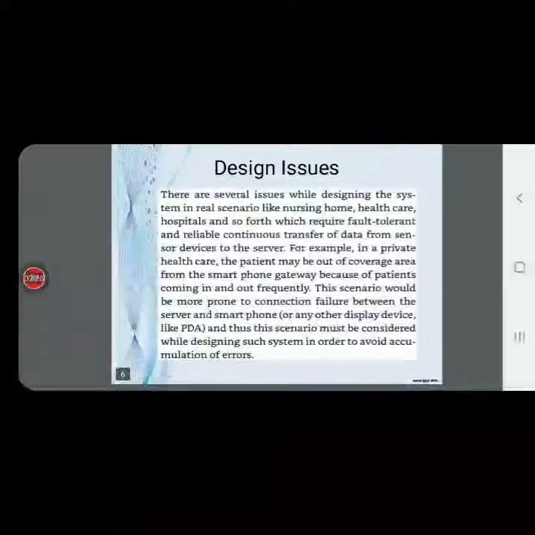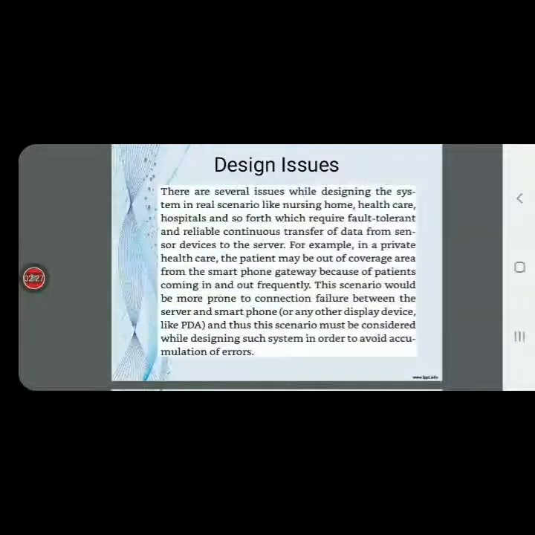First issue we see is the design issue. We have several issues in designing. There are several issues in designing a system in real scenarios like nursing homes, healthcare, and hospitals, which require fault tolerance and reliable continuous transfer of data from the sensor device to the server.